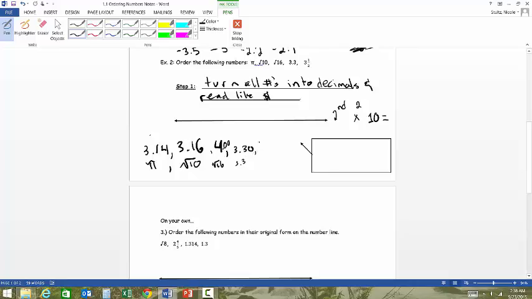And then 3 1/3. So what you do on the calculator, there's actually 2 ways to do this. Probably the easier way is the fraction to decimal button.